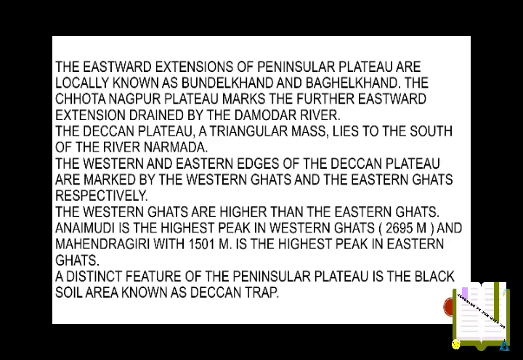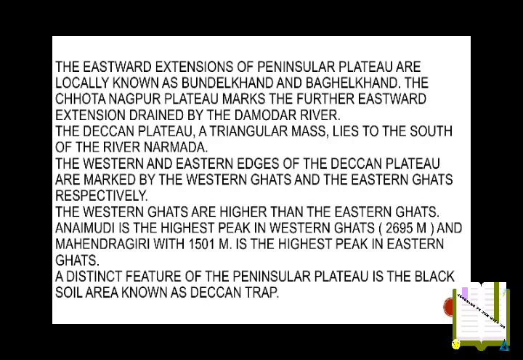The Chota Nagpur Plateau marks the further eastward extension, drained by the Damodar River. The Deccan Plateau, a triangular mass, lies to the south of river Narmada. The western and eastern edges of the Deccan Plateau are marked by the Western Ghats and Eastern Ghats respectively. The Western Ghats are higher than the Eastern Ghats.